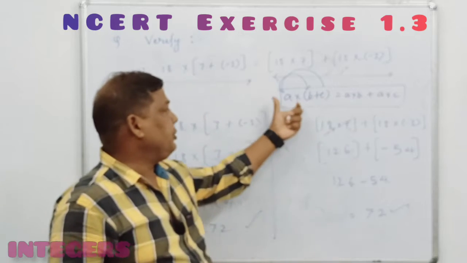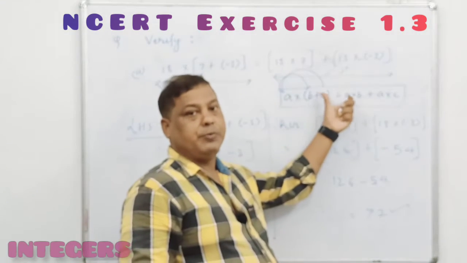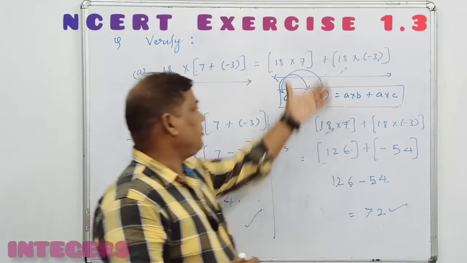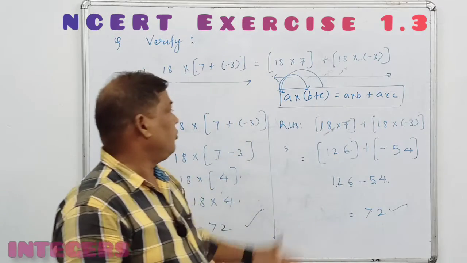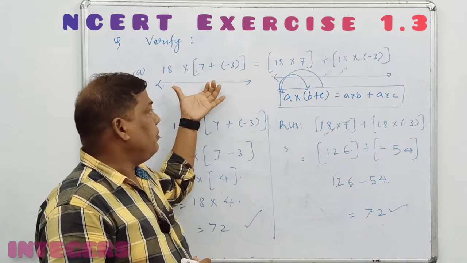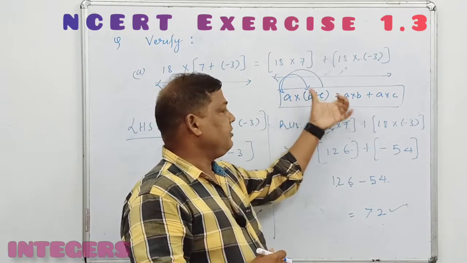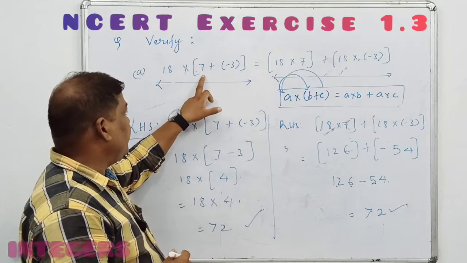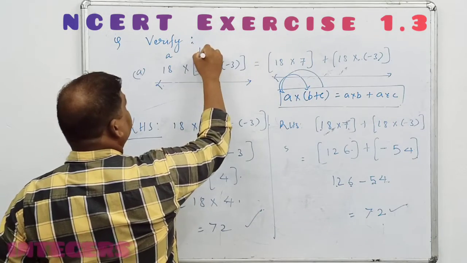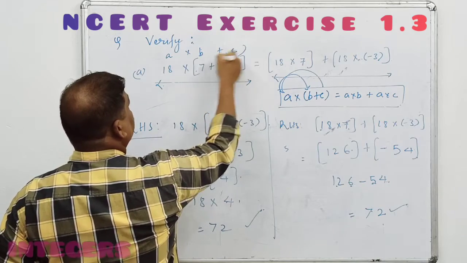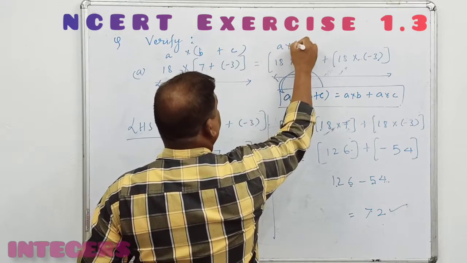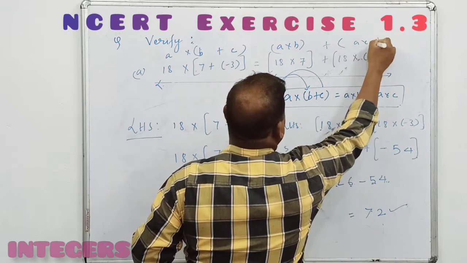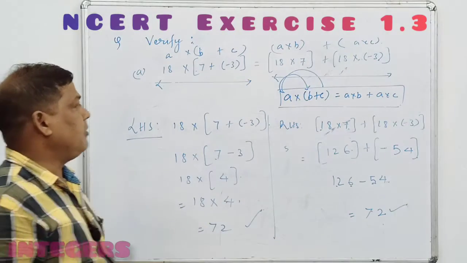So A into B plus C is equal to A into B plus A into C. It is in the form of the distributive property. Here is the A, the B, and the C. Here is A into B, and this is A into C. So both results will be the same.